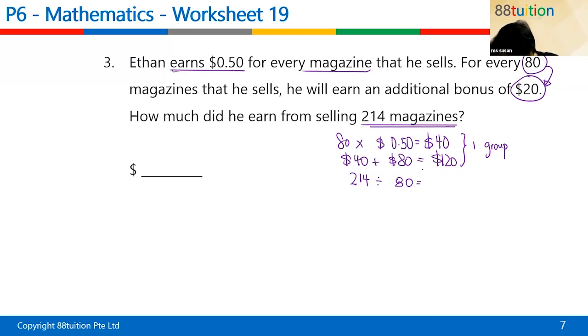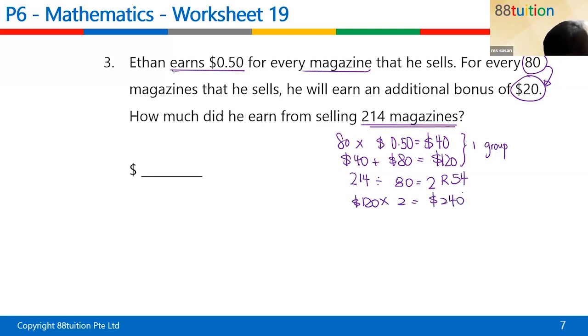You should get 2 groups of 160. So minus 160, you should remain the 54. So there will be two groups, right? Multiply by 2, you get 240. Okay, but you will not be able to get the bonus for the next one.